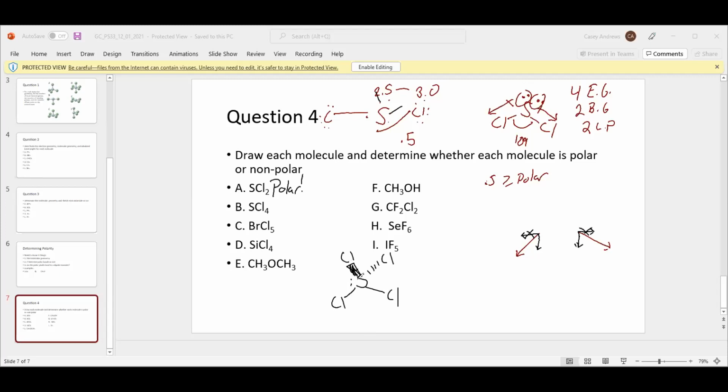So that's what SCl4 looks like. And then we go to our geometry sheet that's also in Blackboard, in the final exam folder of Blackboard. We have to look up this geometry. So let me share that screen for you.